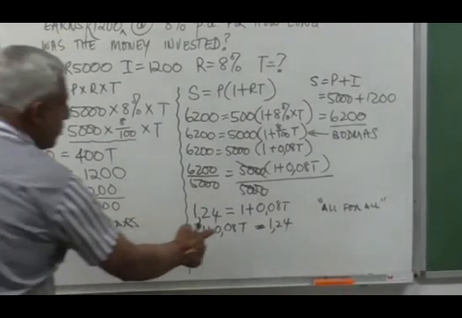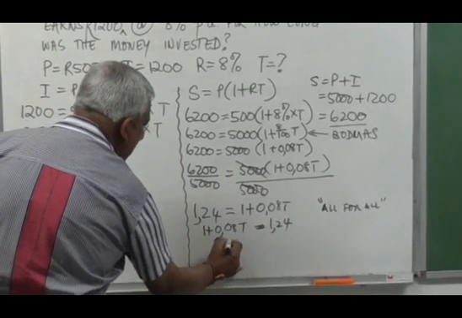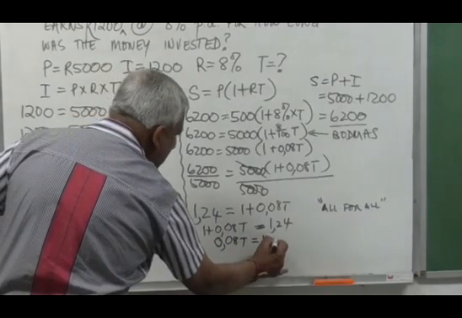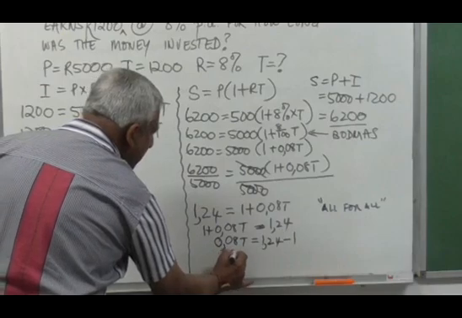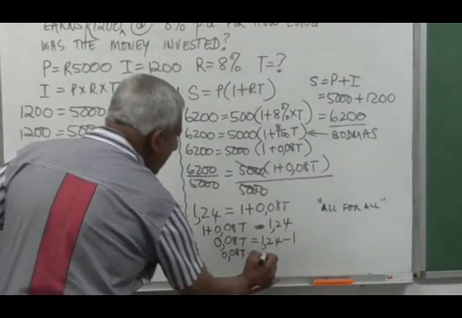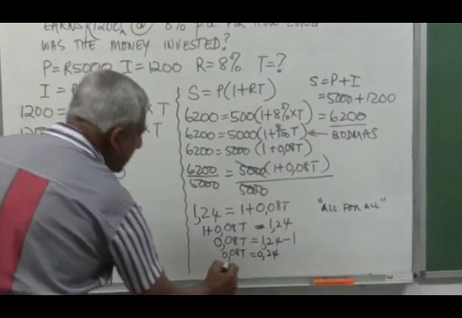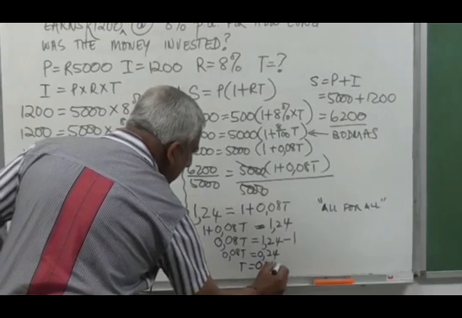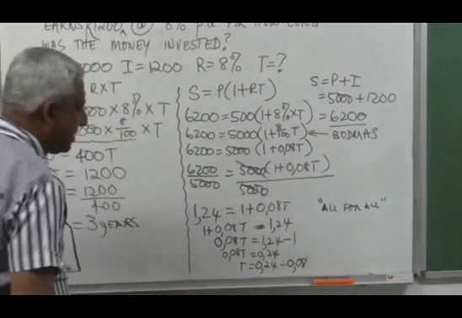Now we're trying to solve for t, so we need to get rid of that 1. So you'll have 0,08 t is equal to 1,24 minus 1, which is 0,24. Then t is equal to 0,24 divided by 0,08.